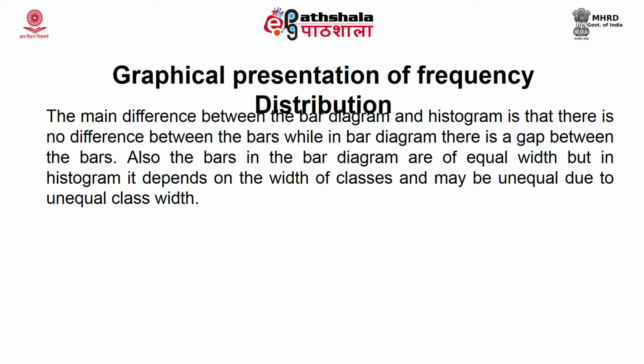Also, the bars in the bar diagram are of equal width, but in a histogram the width depends on the width of the classes and may be unequal due to unequal class width.